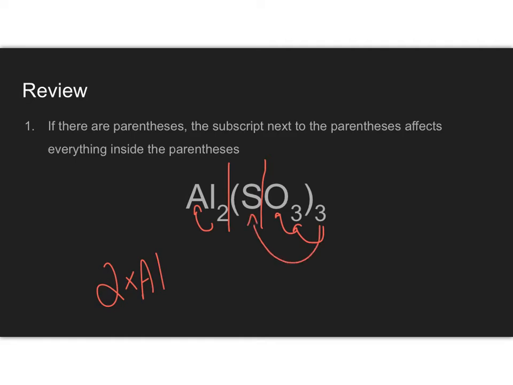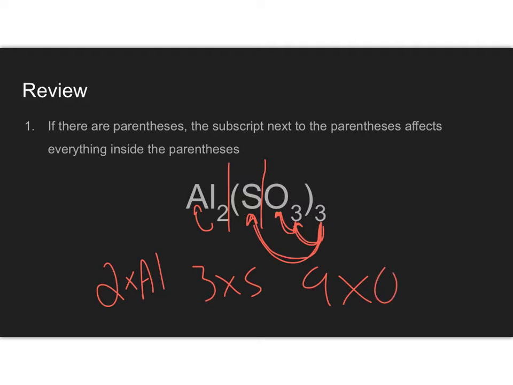So it distributes just like it would in a math problem. So there's 3 times the sulfur, because there's 1 sulfur in the parentheses, and then the oxygen is actually 3 in the parentheses and then times 3. So there's actually 9 oxygen in this formula.